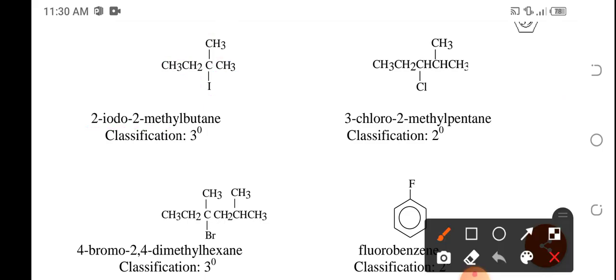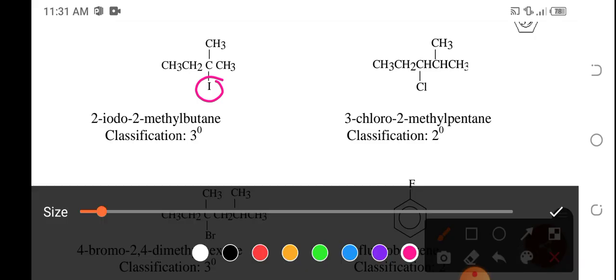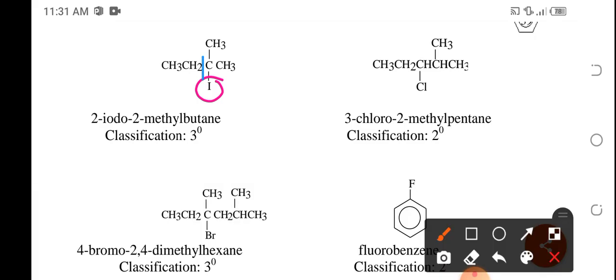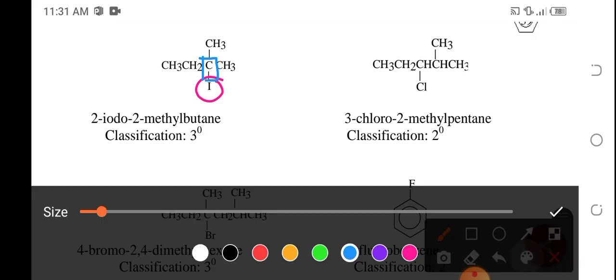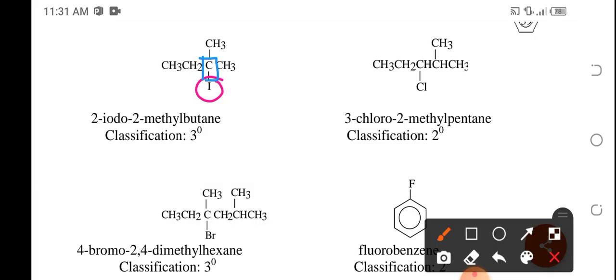The classification is tertiary because the reference is the iodine. It is attached to this carbon atom, however, that carbon atom has been attached with 3 other carbon atoms, so that makes it tertiary.